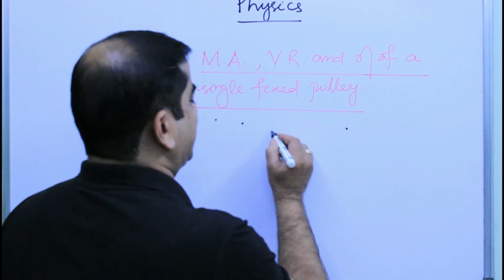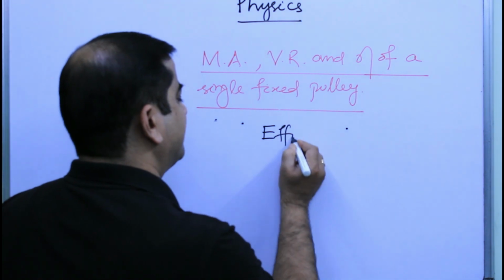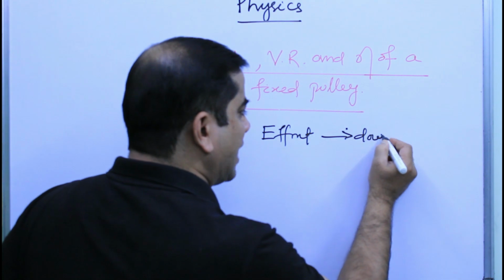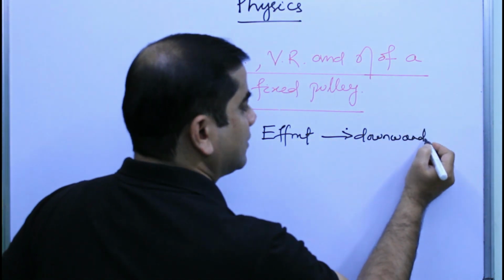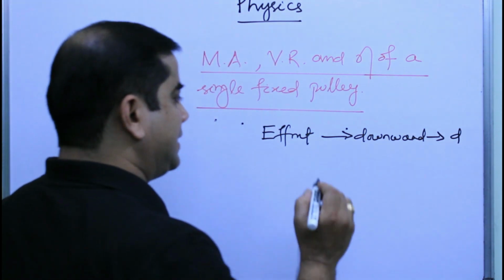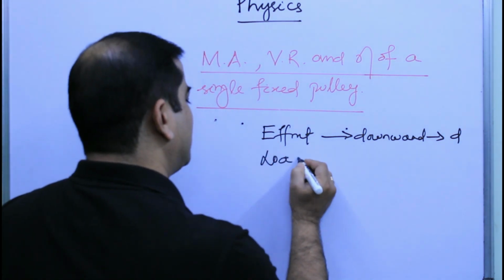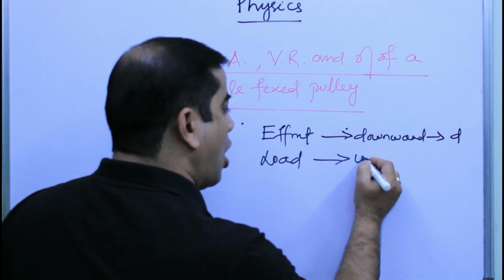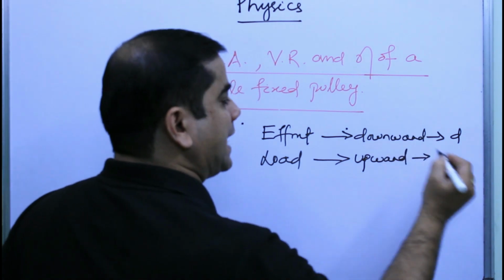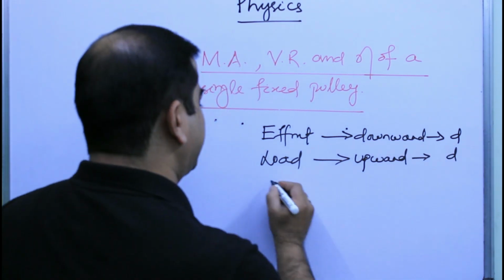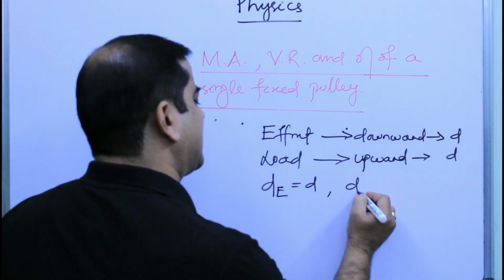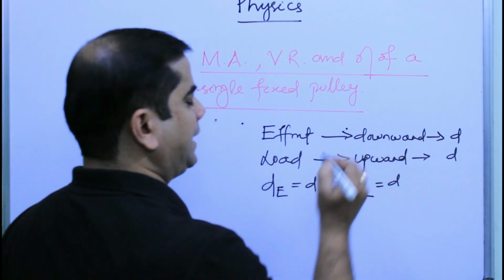That means in that case, if we put some effort in the downward direction, for a distance of d, then the load moves in the upward direction for the same distance, that is d. That means displacement of effort is equal to d and displacement of load is also equal to d.